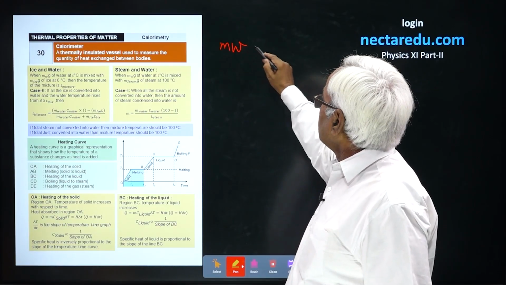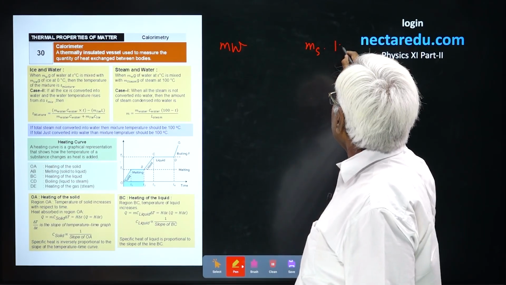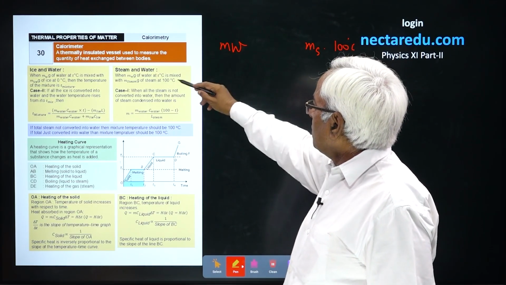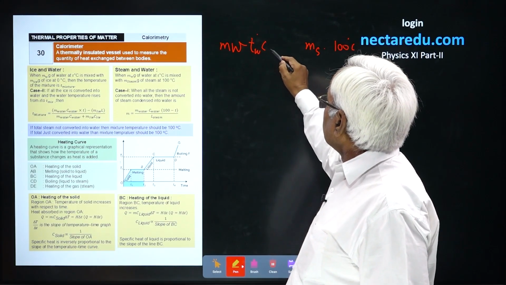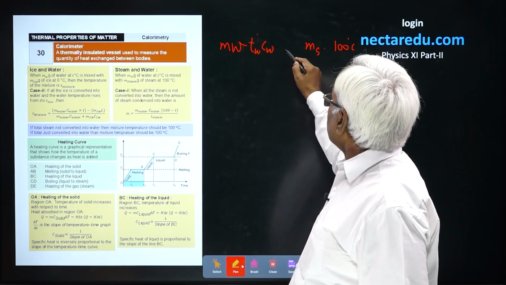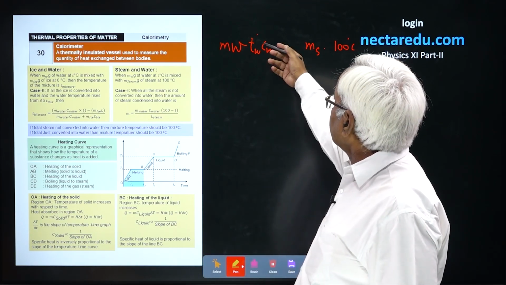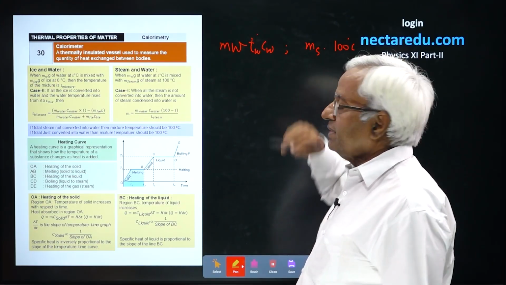Water MW, steam MS, this is at 100 degree, and water here is at TW, its specific heat CW. There are two things: water at TW degree Celsius, steam at 100 degrees Celsius.